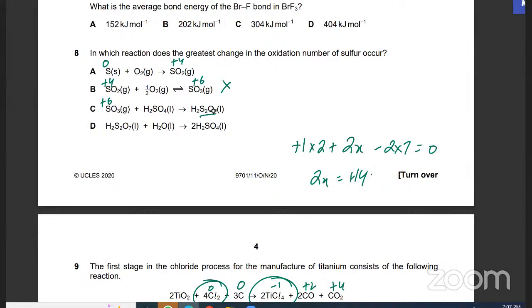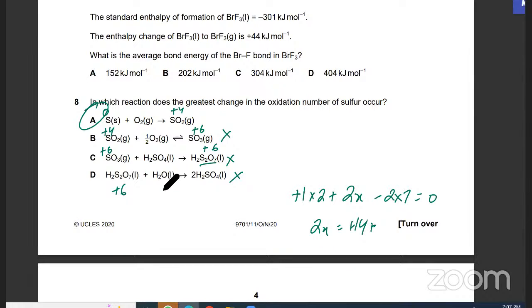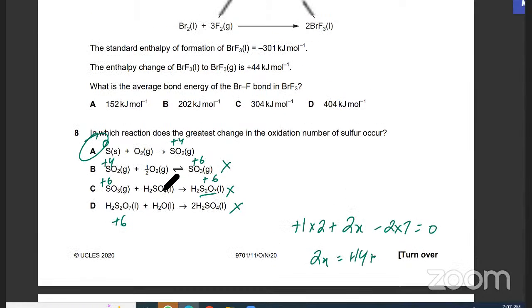Okay, so it's coming out to be 6. So this one is really not oxidation. And +6 to +6 again is not, I mean, the first one, that's A, right? Greatest change, that's coming out to be A. C and D are not redox because no oxidation change happens.